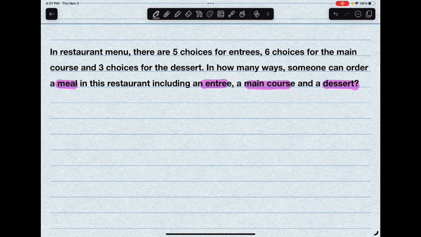So, selecting a meal has 3 parts. The first one is the entree, the second one is the main course, and the third one is the dessert. For the entree there are 5 choices, for the main course there are 6, and for dessert there are 3 desserts.